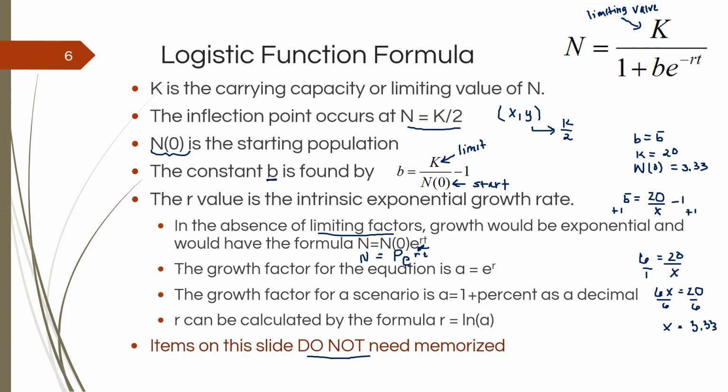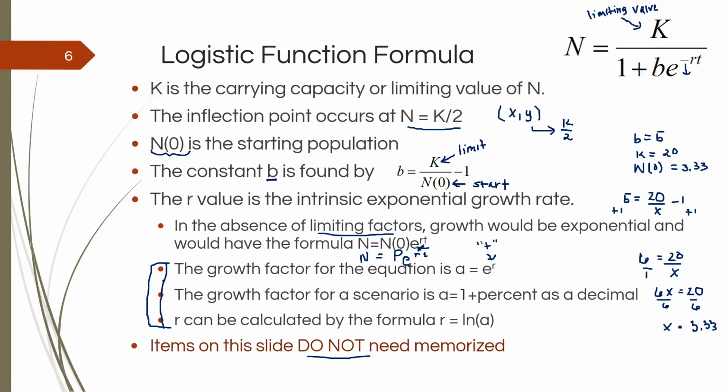So we have 3 formulas. Again, you do not have to memorize them, but they are very important. We're going to end up using them a lot, and they're in these 3 bullet points. The first one is that A can be found by taking e to the r. If you have a formula and r is given, notice that it's a sign change, because up here in the formula, this is negative, but down here, this one is positive.